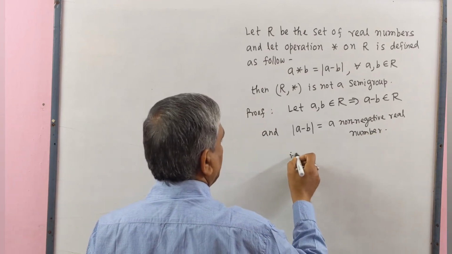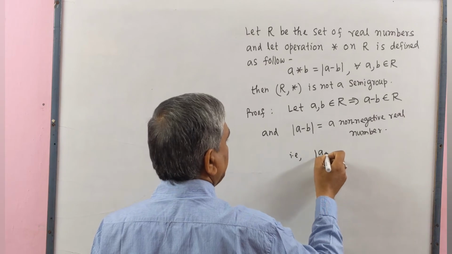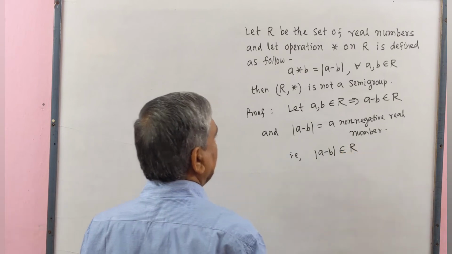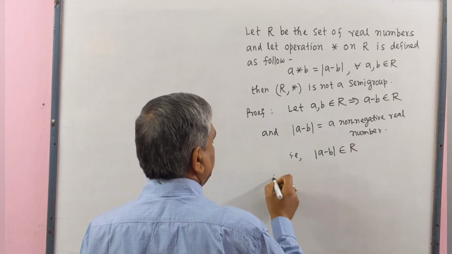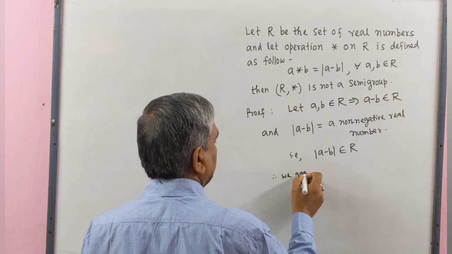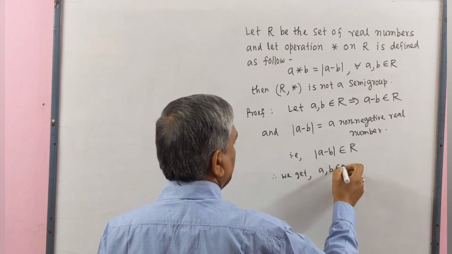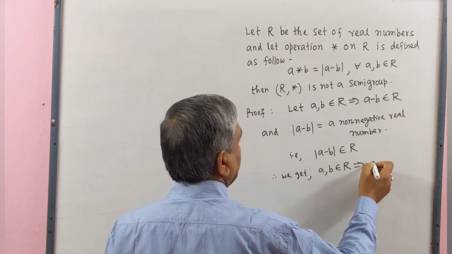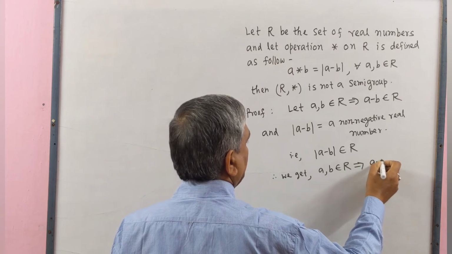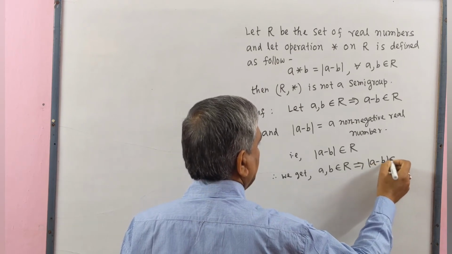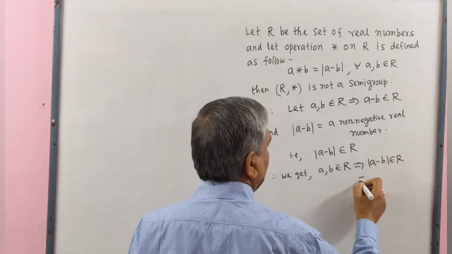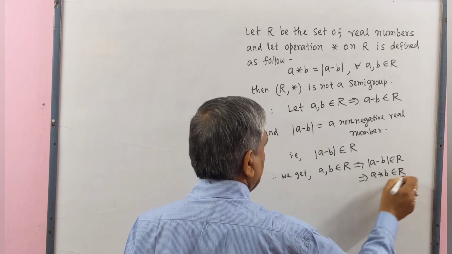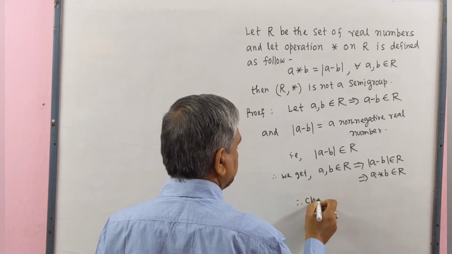That is, modulus of A minus B belongs to the set of real numbers. Therefore, we get (A, B) belong to R implies that modulus of A minus B belongs to R, implies that A star B belongs to R. Therefore, closure property holds.